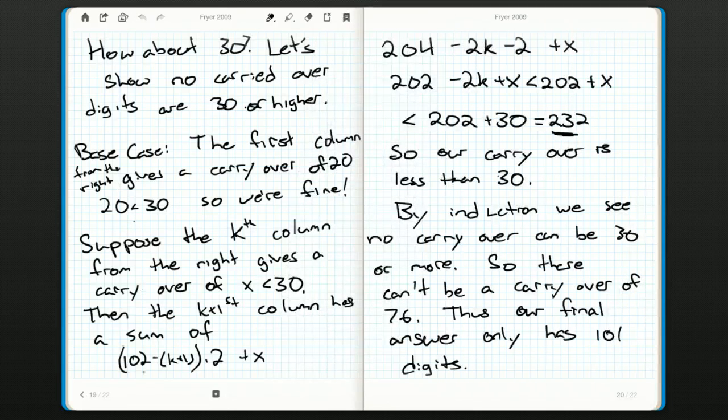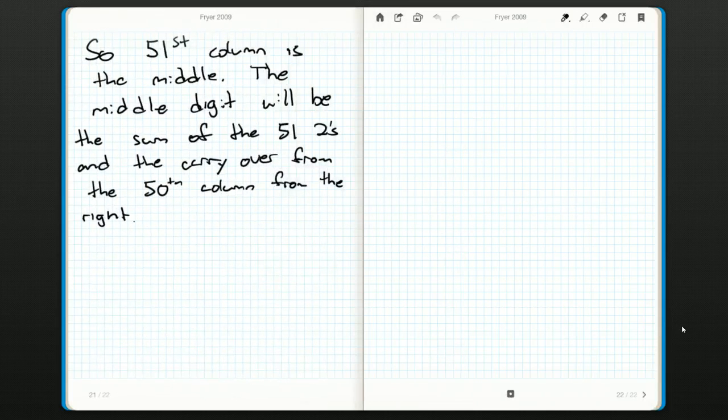And we have a formula for the number of 2's, or the sum, from the columns as they are numbered from the right. So we're looking at the 51st column. It's going to be 51 2's. We could either use our formula, or we just know that the middle column is going to have the same number of 2's in it, no matter, and we don't need to specify 51st column from the left or right. It's in the very middle.